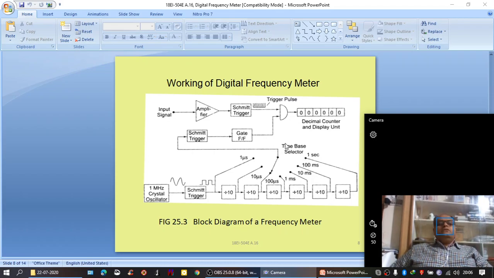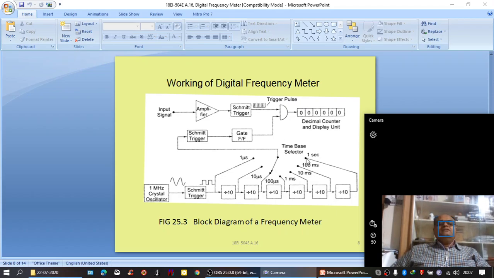And here we have got a range selector switch or time-base selector switch. We can select 1 microsecond gating pulse, in which case the counter output has to be multiplied by a factor of 10 power 6. If 1 millisecond is taken, the counter output has to be multiplied by a factor of 10 power 3.